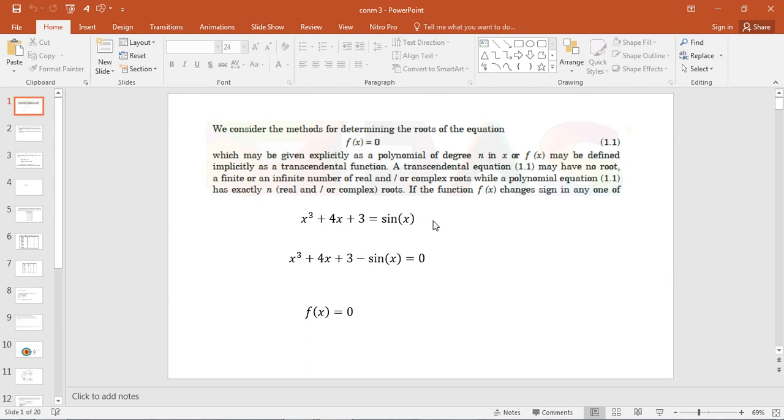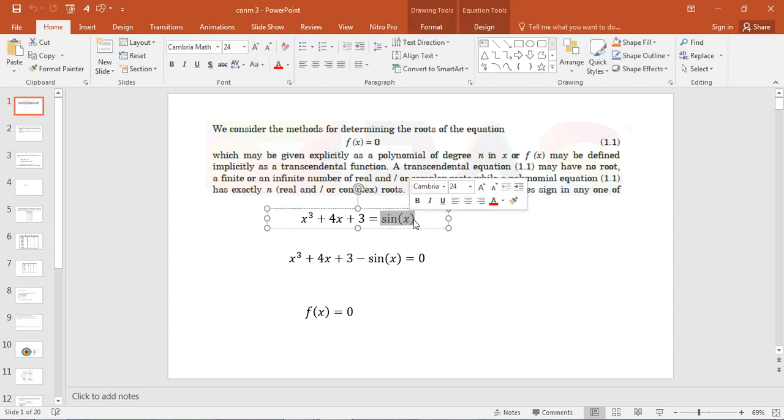Now what if I take everything which is present on the right hand side to the left hand side and make it in the form of f of x is equal to 0. If this is the form, then what do I mean by root? For a particular value of x, this entire value should be equal to 0.